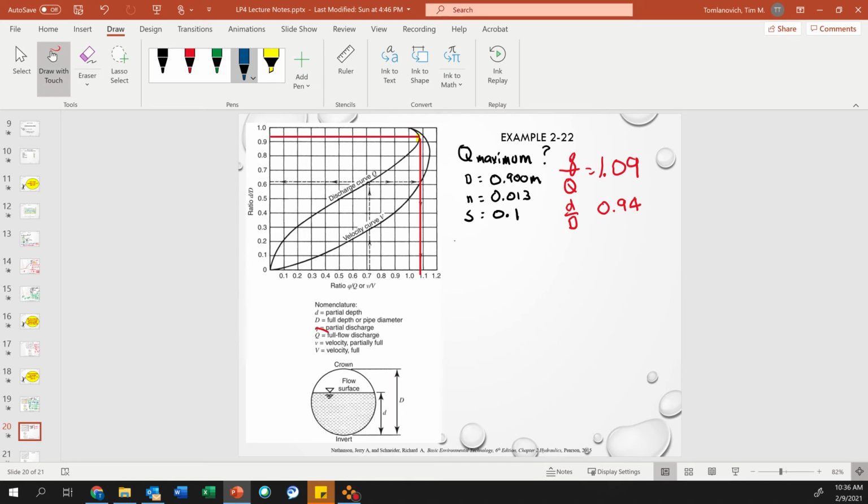So Q full equals 1.0 divided by 0.013 times the area, so that's pi D squared over 4, so 0.9 squared times pi divided by 4, and that equals 0.636, times my hydraulic radius.